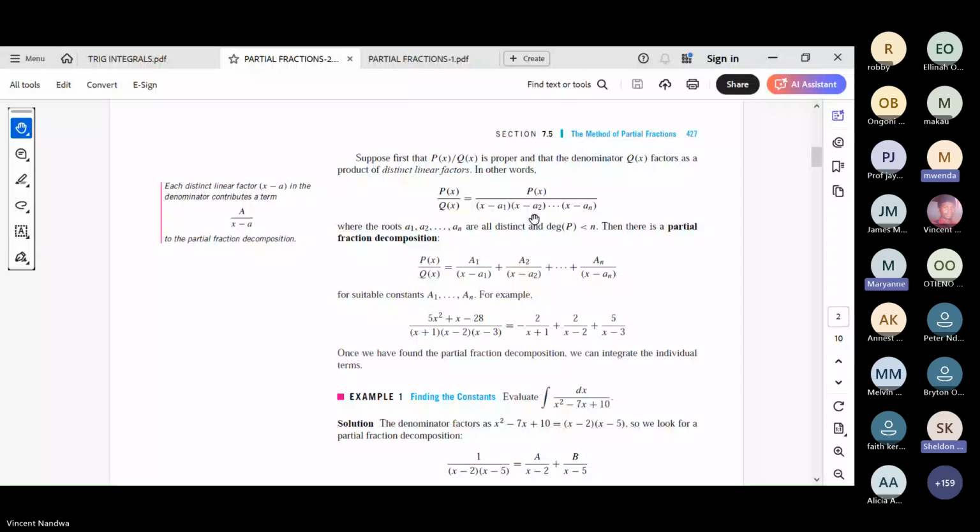Negative 2, because remember, we divide through by 12. So -24 by 12 is the same as -2. So this is where this -2 is coming from.